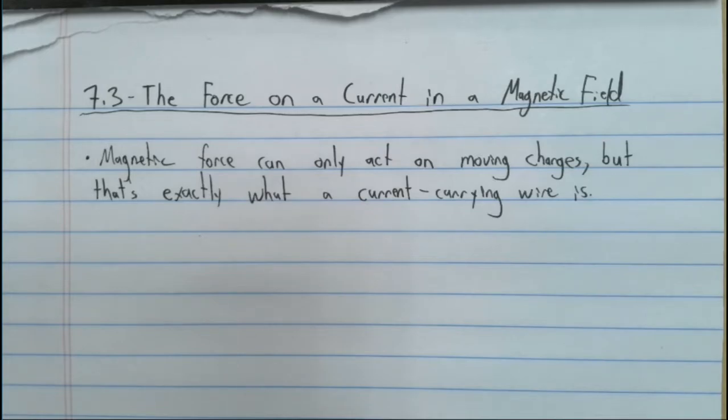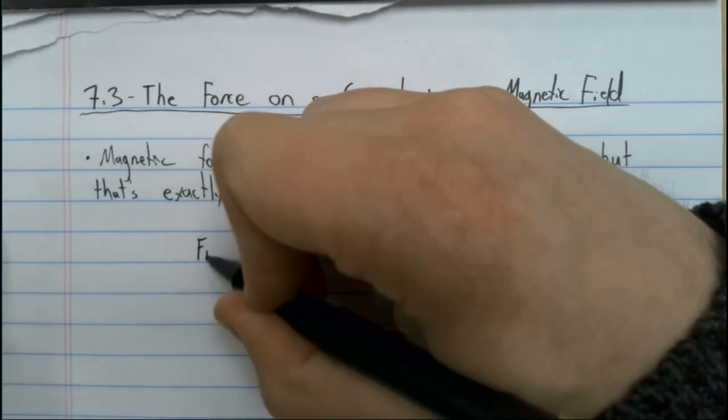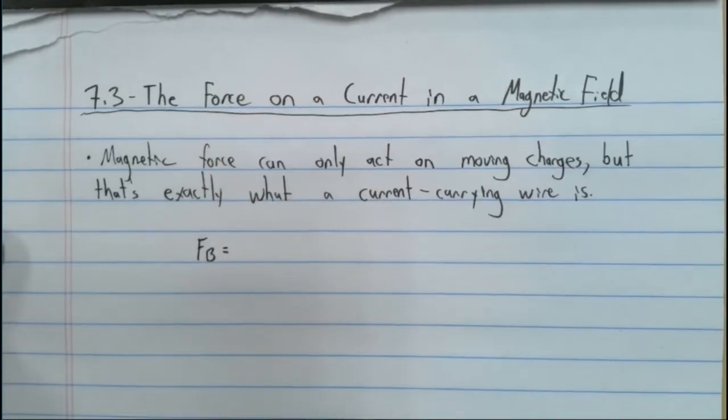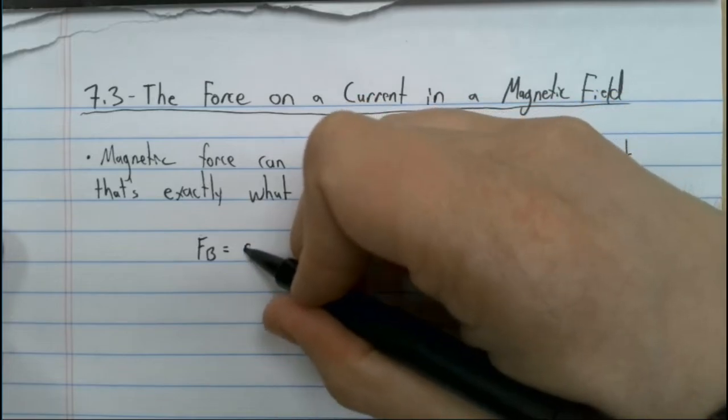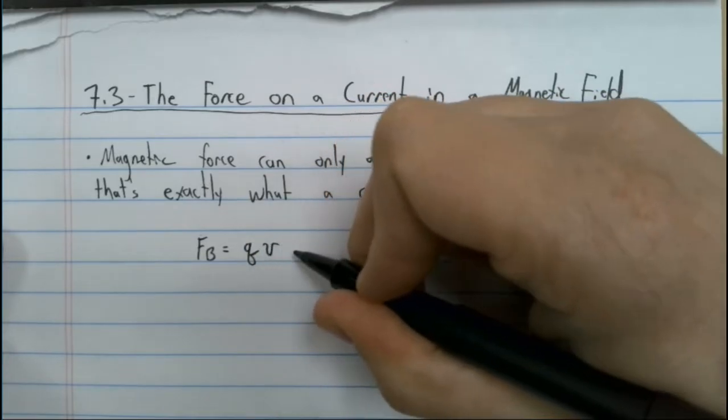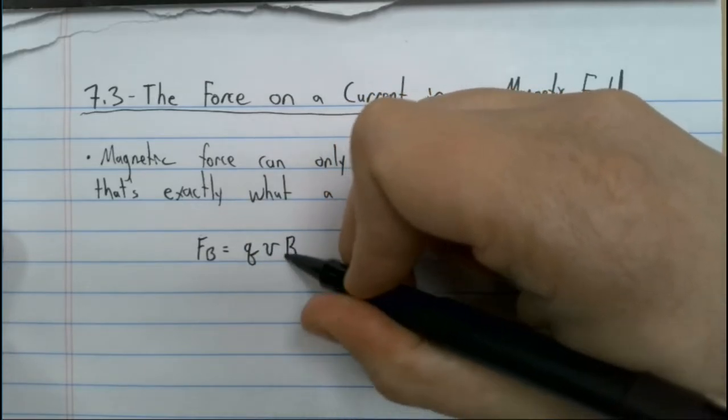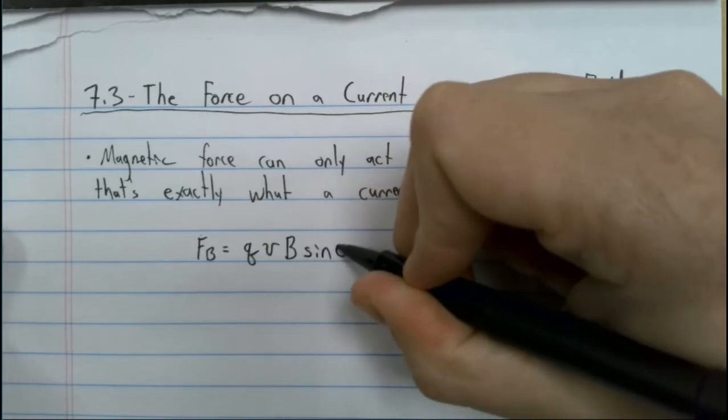In order to develop an equation for this type of force in this circumstance, we can actually start with the equation for the magnetic force, the one that we saw for a moving charge. And that is F_B equals qvB sine theta.